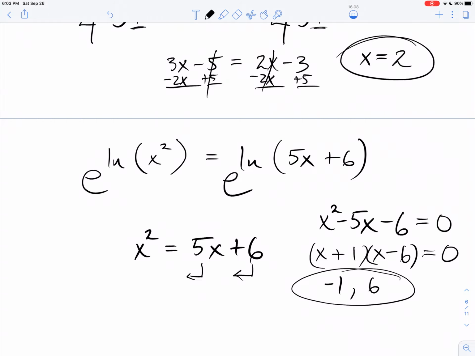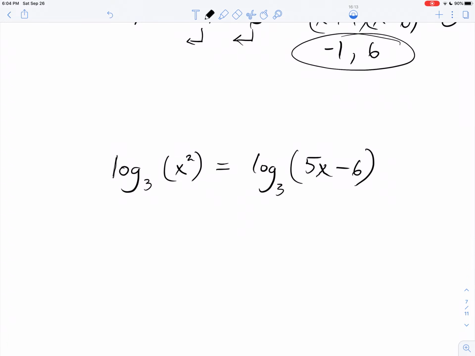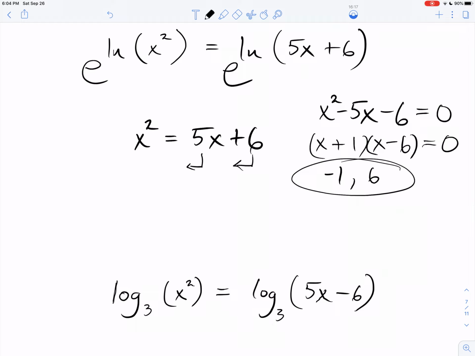Let's continue. What? This looks like the same question. It does. Look. Here, I wanted to make these two look real similar to each other. But I did one subtle difference. I made this base 3, not base E. And I changed the 5x plus 6 to a 5x minus 6.